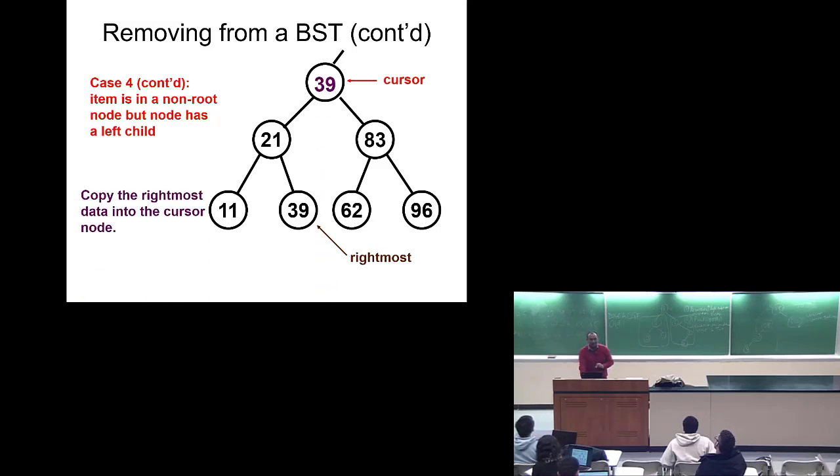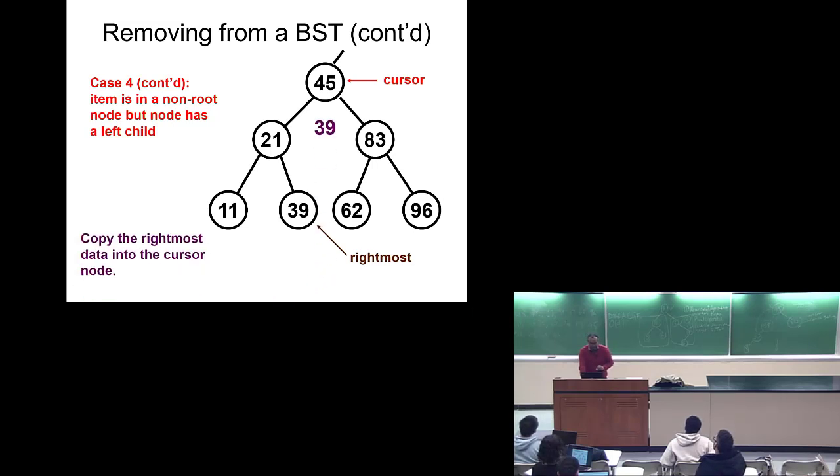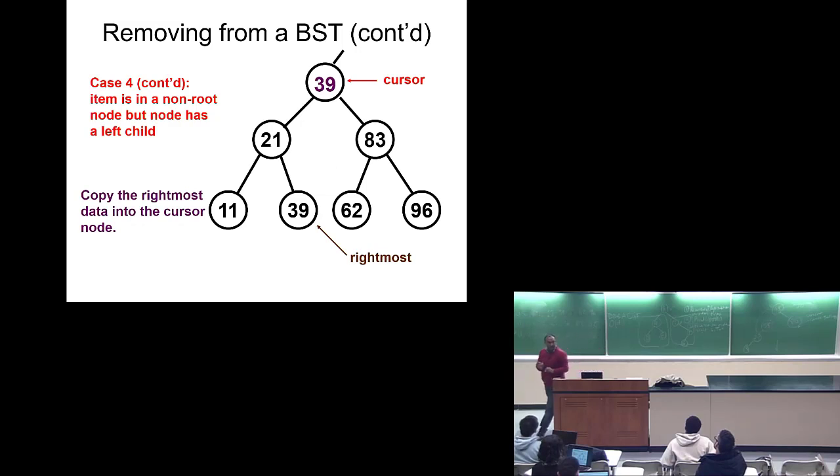We have to remove 45, so let's erase that value and put 39. Now the only problem is duplicate nodes, which are not allowed. So we'd remove 39. It's a trick.